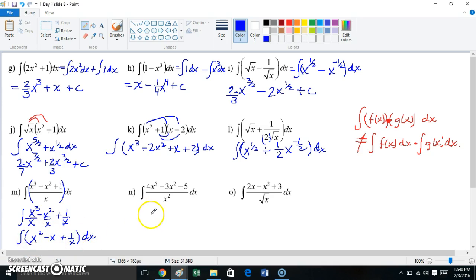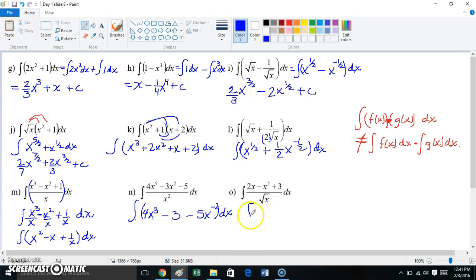All right, letter N, same concept. Let's break it up. 4x to the 3rd minus 3 minus 5x to the negative 2 dx. Okay, so we're going to be taking the integral of these fractional integrands by breaking them up into different pieces.